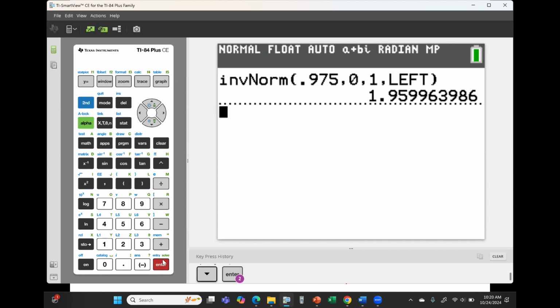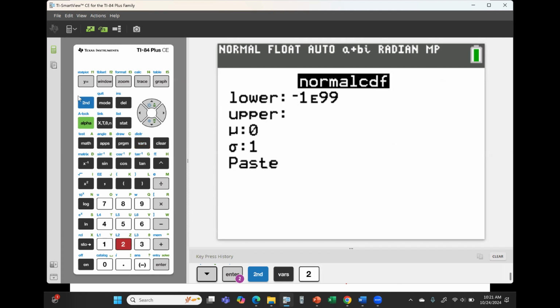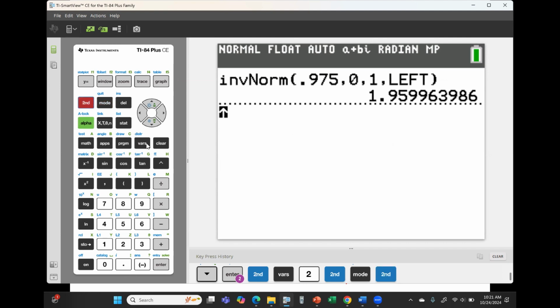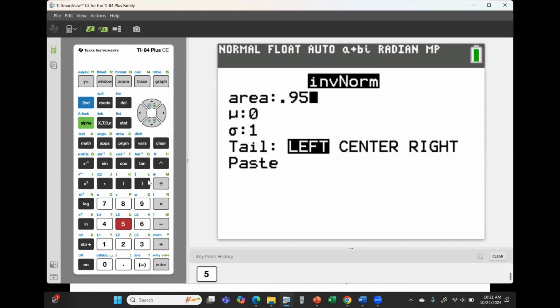Maybe I should put that on the formula sheet. You don't really need this because you're going to let your calculator calculate the confidence intervals in just a minute. But the z value for a confidence level of 0.95 is always 1.96. If you have a calculator that supports center, you put the area in there, 0.95, and then go down and highlight center.